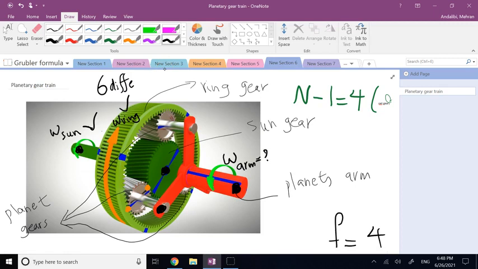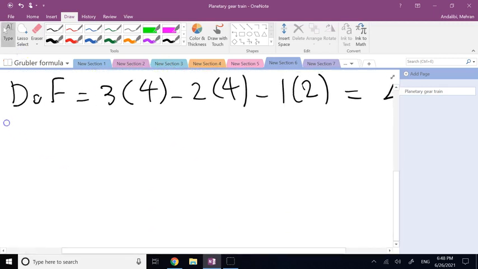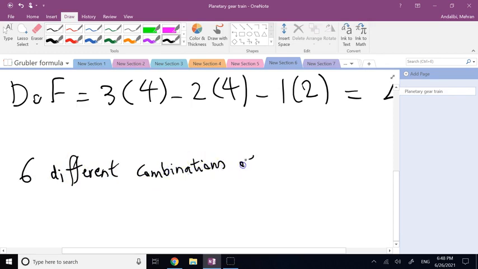Okay, let me write it down here. So you have 6 different combinations of inputs, because you have 2 of them, and output, because you have 1 output.